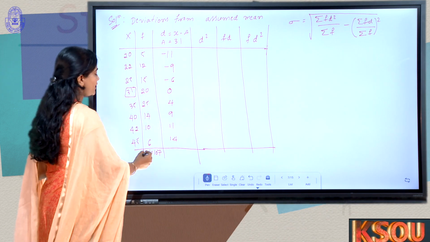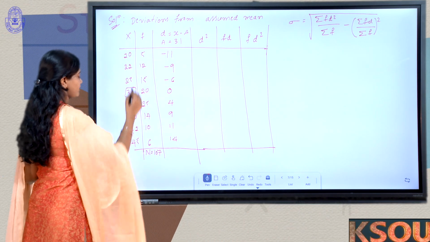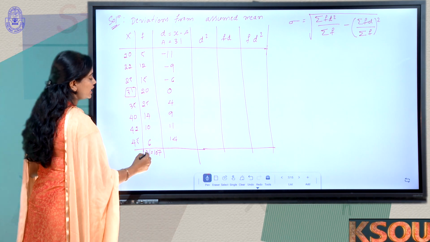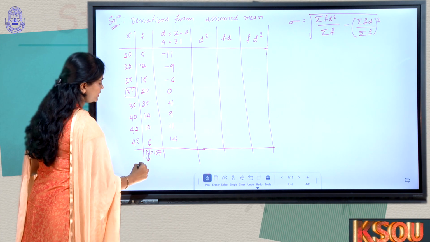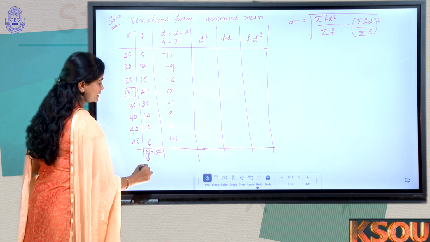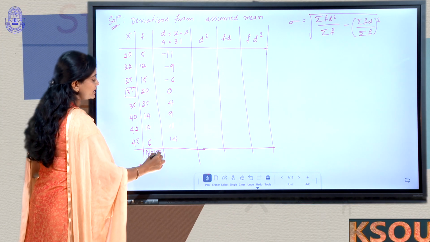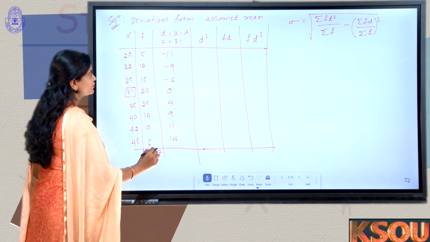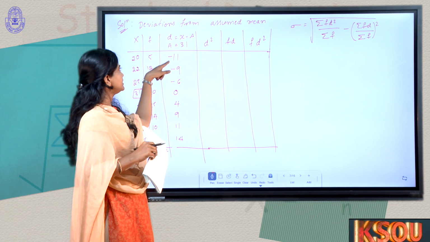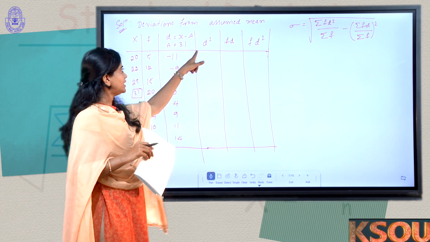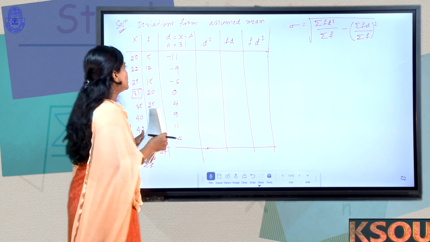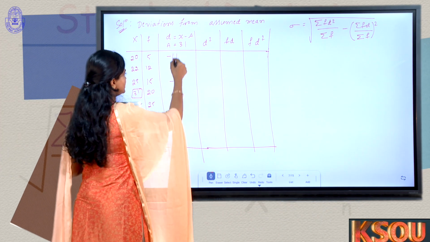Here I have taken the total of f, summation of f, or you can also determine it by capital N, that is nothing but 107 here. After calculation of d, we will have to calculate the d square. You can take the square of these values.